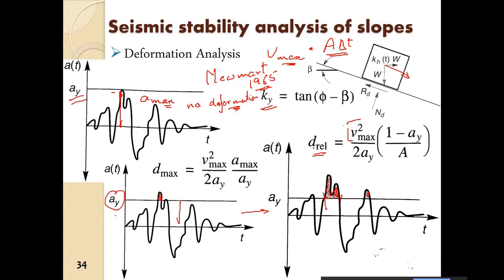After analysis of several earthquakes, Newmark 1965 proposed that we can modify this equation to this one. So the maximum displacement in a slope that can occur due to an earthquake is given by this equation, given by Newmark in 1965.